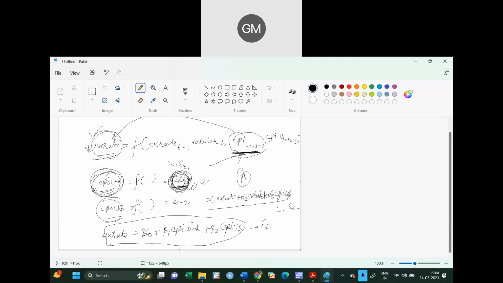So some linear combination of exchange rate, consumer price index of India, and consumer price index of US is going to be stationary, we are saying. And when we say this linear combination is stationary, it means we are going to check the stationarity of the residual. Once we can declare that the error term is stationary, then we confirm that they are cointegrated in order 1.